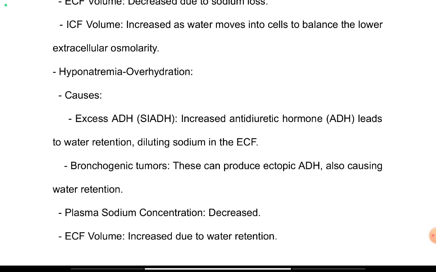You won't be giving them 3 liters per day. You will be giving them two-thirds of 3 liters per day because they are already retaining excess fluid. So that is the basis for you giving two-thirds of the what? Of the maintenance fluid in some certain cases, which I have mentioned just now.